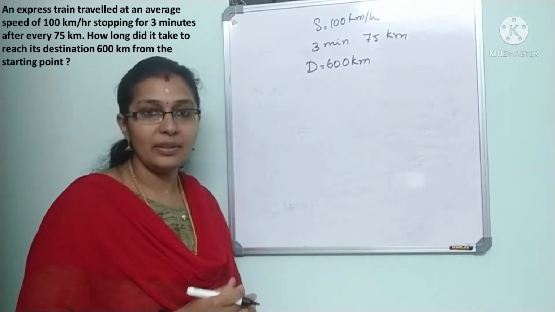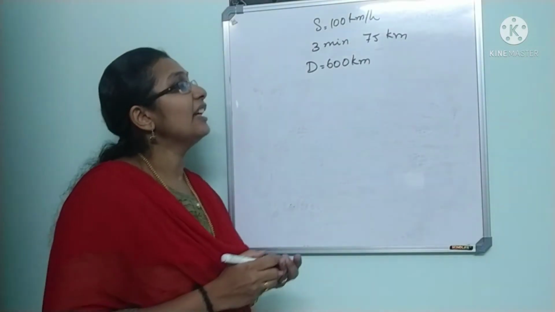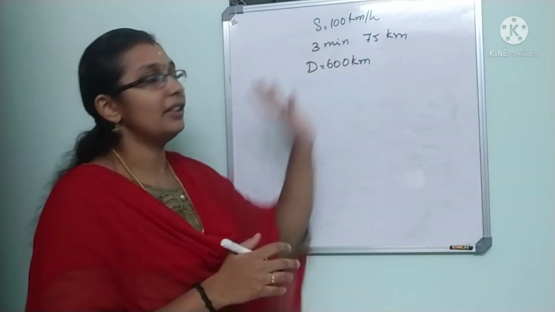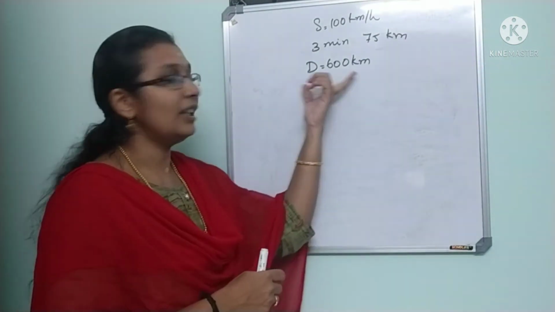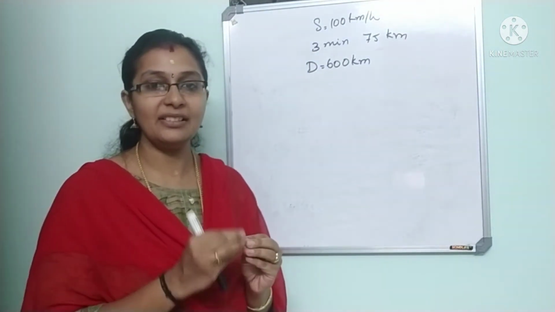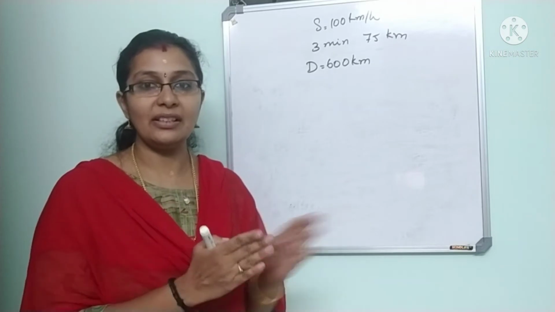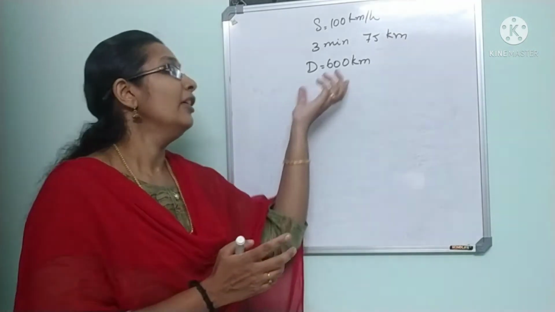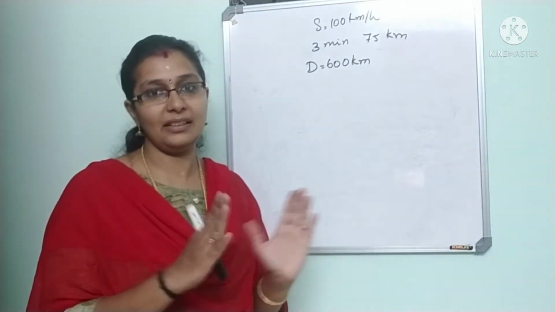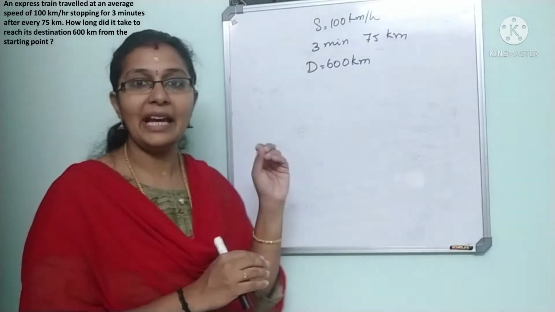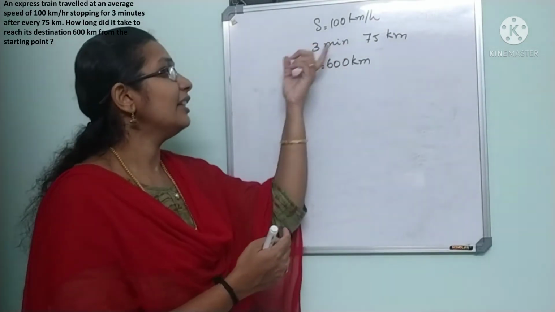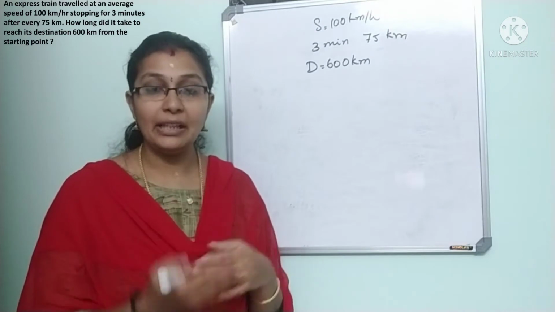Now we will understand the question. Our train is travelling at a speed of 100 km per hour and the total distance is 600 km. And now they have given an extra hint that it stops every 75 kilometers.